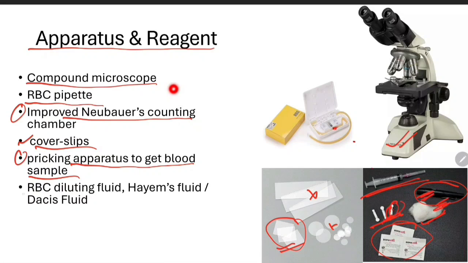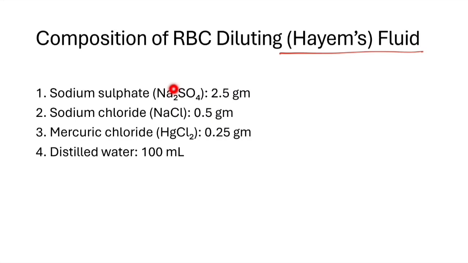Next thing, we need RBC diluting fluid, that is called Hayem's fluid, and sometimes we can use Dacie's fluid also. That fluid is to dilute the RBC. The composition of Hayem's fluid: first, sodium sulfate, around 2.5 gram, which also acts as an anticoagulant.